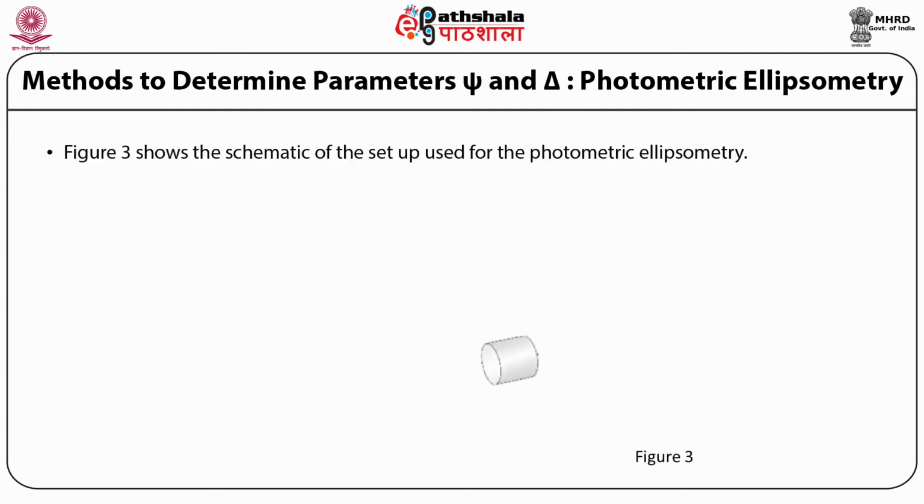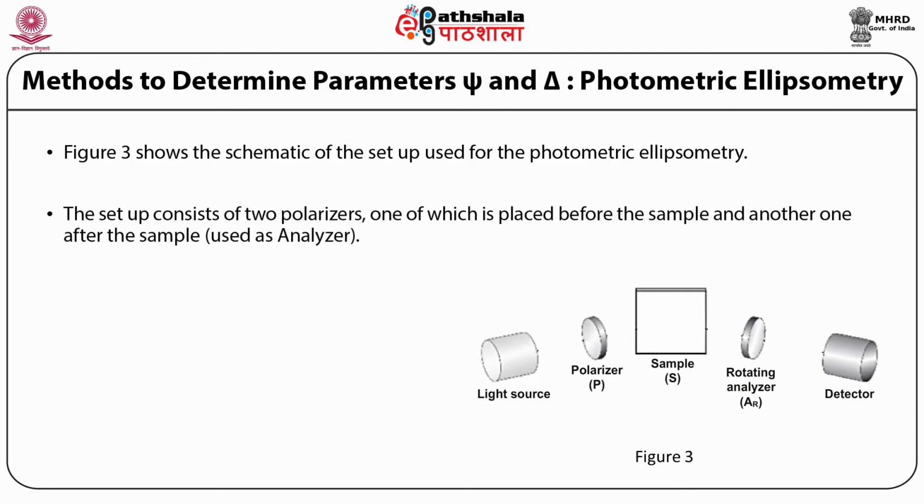Figure shows the schematic of the setup used for the photometric ellipsometry. The setup consists of two polarizers, one of which is placed before the sample and another one after the sample, which is used as analyzer.